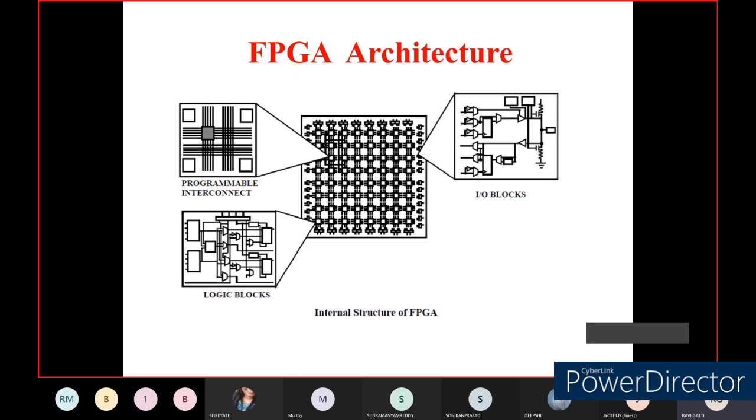So this is the internal architecture of your FPGA. Okay, so you can not only program the logic blocks, you can also program the IO blocks, and you can do the interconnection of logic blocks to IO blocks through programming. That is the responsibility of the programmable interconnect logic.